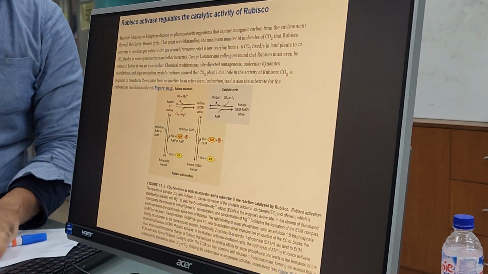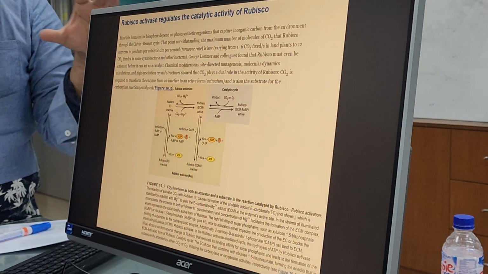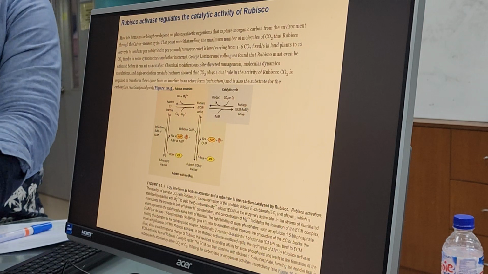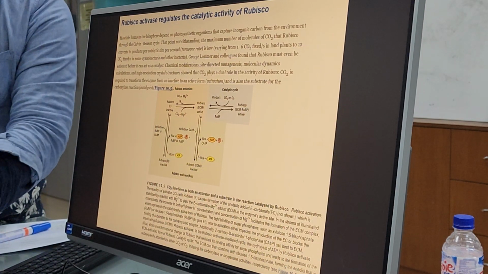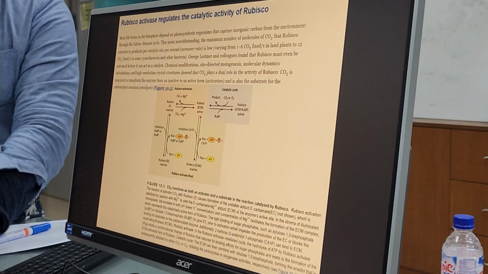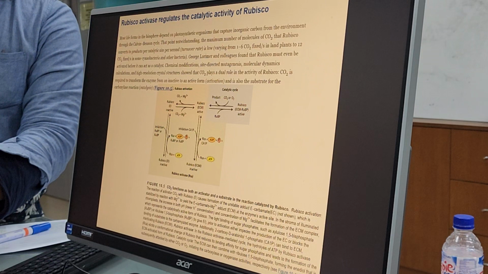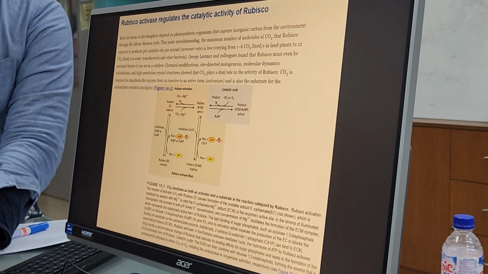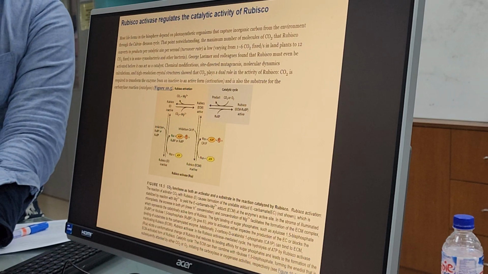You have Rubisco, and the Rubisco is inactive. Why is it inactive? There's a sugar attached to it. Why is it inactive? You got the CA1 protein attached to it. These need to be removed first. Remove this first with the help of Rubisco activase. Once this has been removed, the Rubisco is now in the purified state and ready.